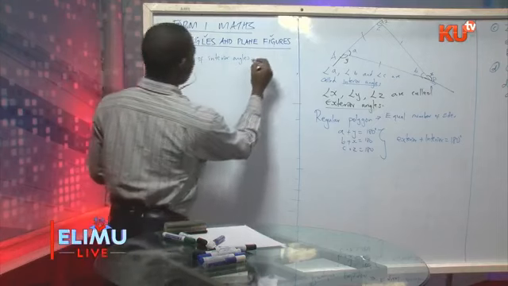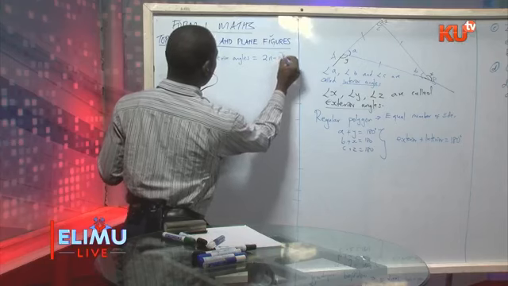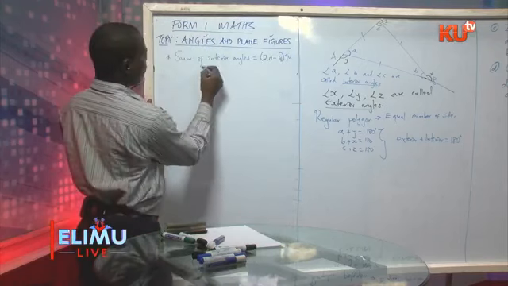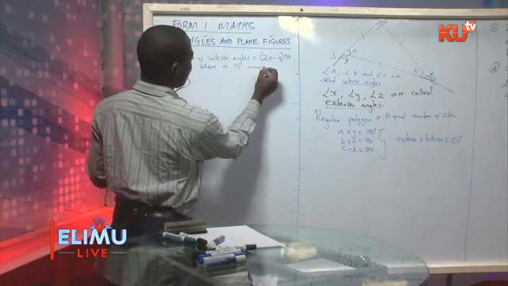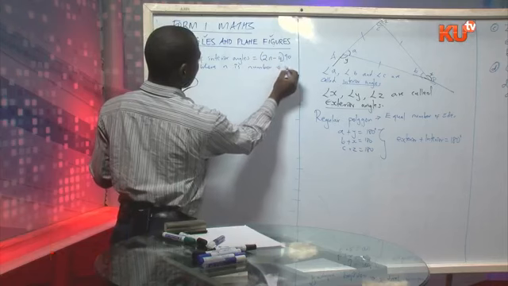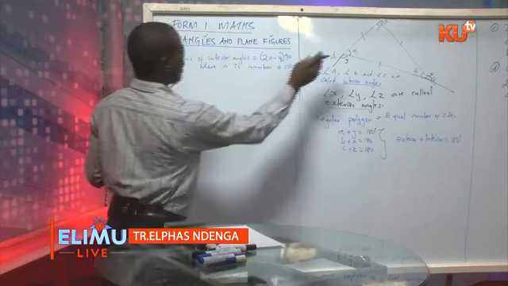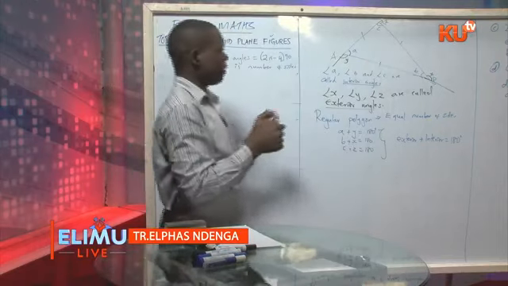So if you are to calculate the sum of interior angles, we have (2n − 4) right angles, where n is the number of sides. This polygon has 1, 2, 3 sides.